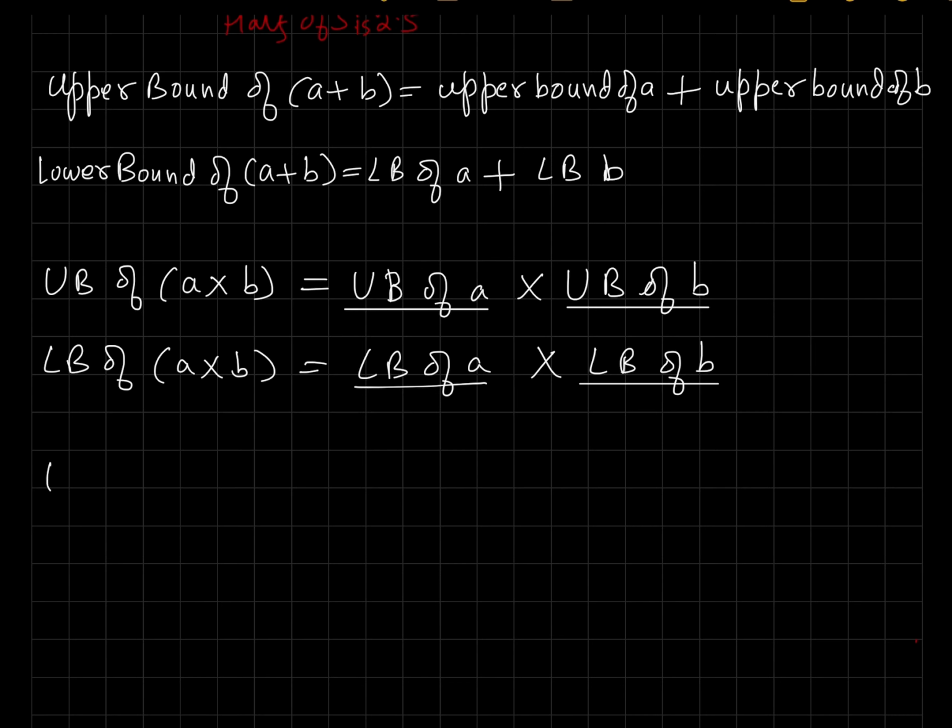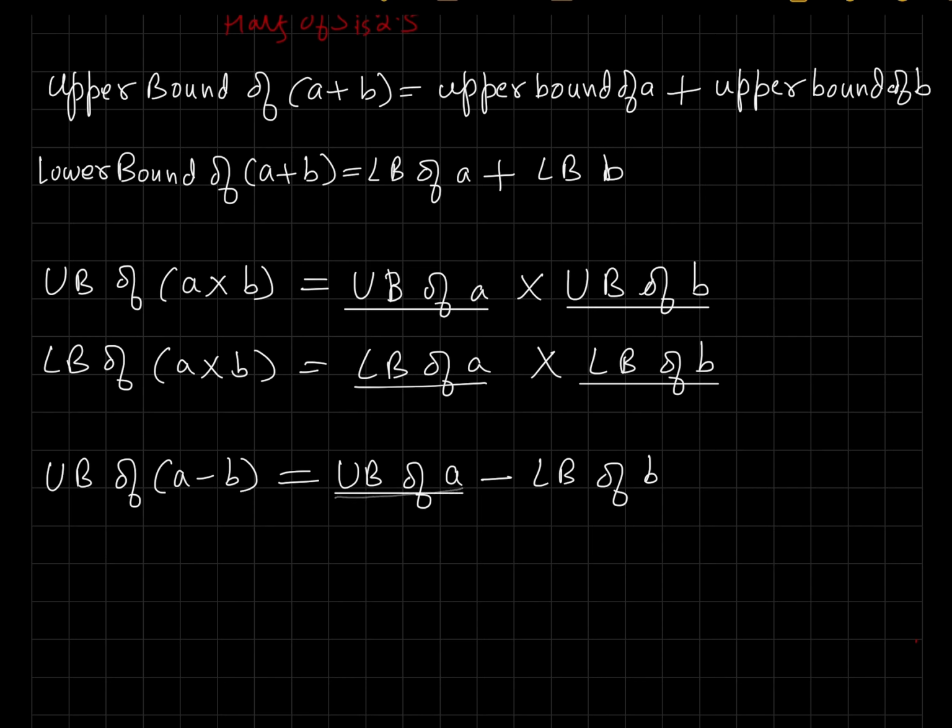We have taken addition and multiplication, now let us take subtraction. The upper bound of a minus b would be the upper bound of a minus the lower bound of b, because that would give us the higher reading.